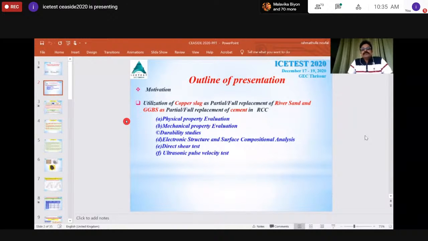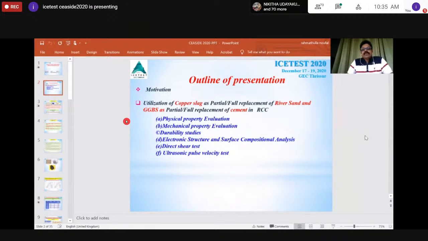That is by keeping 40% replacement of river sand with copper slag, and then the partial replacement of OPC 53 grade cement with GGBS, to find out an optimum replacement value in which I get the maximum strength and also a good mix design.